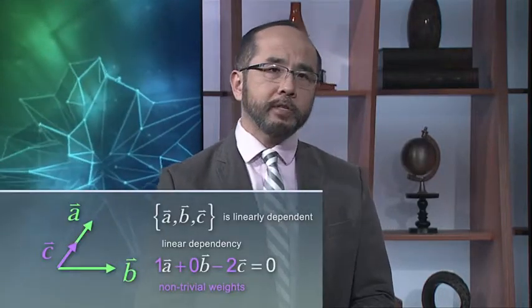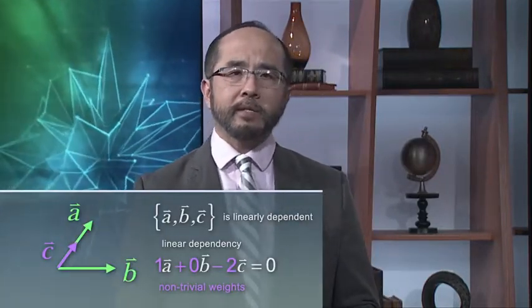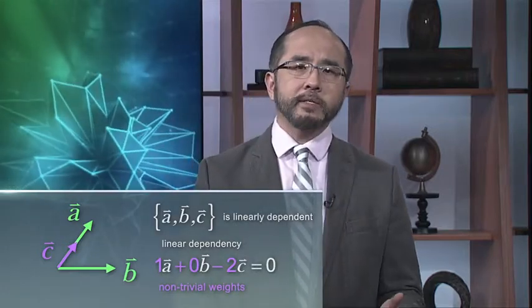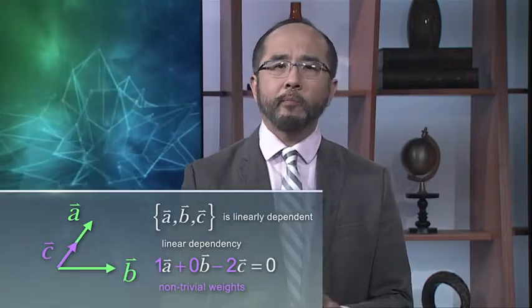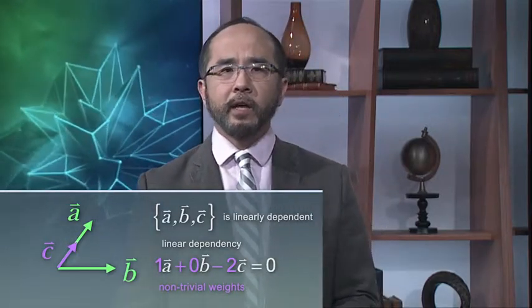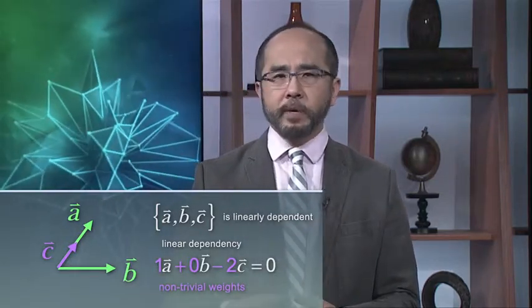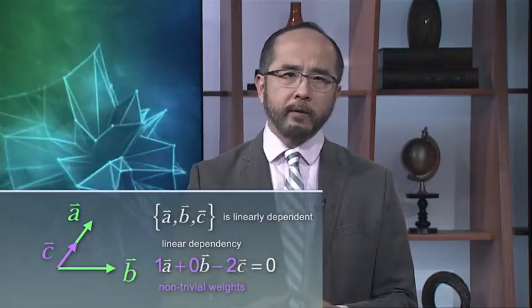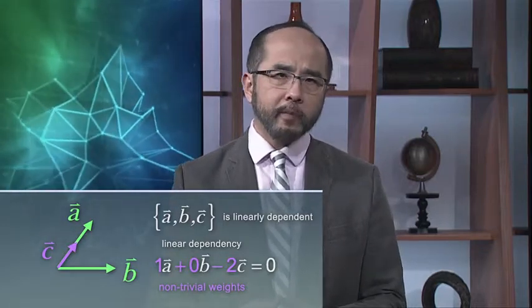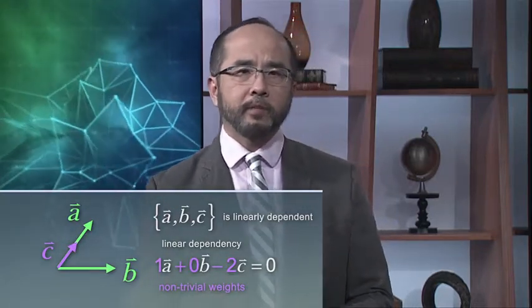Note that when you have a linearly dependent set, we're not saying that every vector is a linear combination of the others, just that at least one of the vectors is a linear combination of the others. For instance, if you have vectors a, b, and c, and vectors a and c are multiples of one another, while b points in a different direction, then you wouldn't be able to remove b without changing the span, and b is not a linear combination of the vectors a and c.